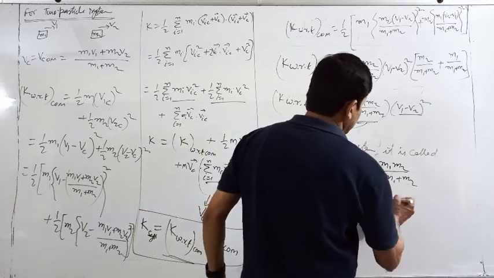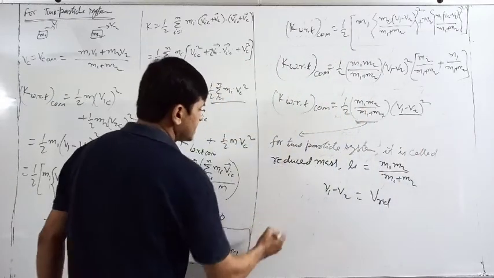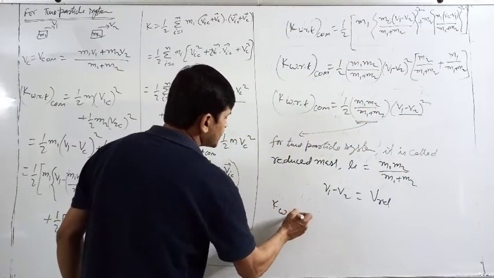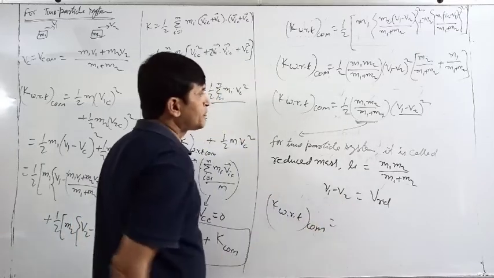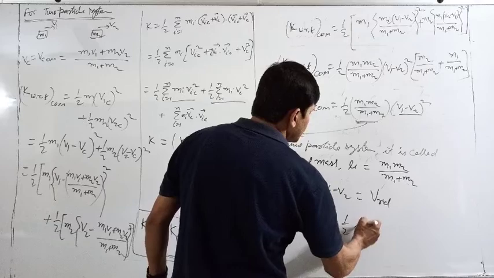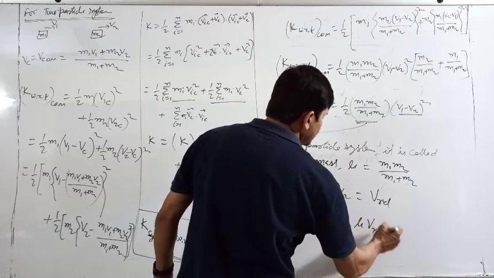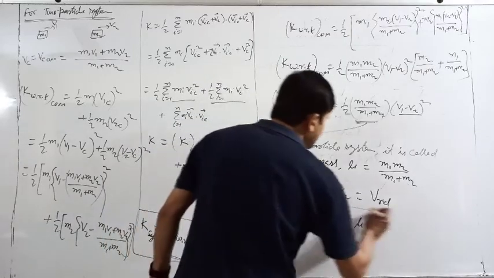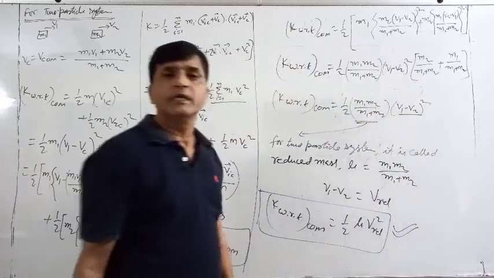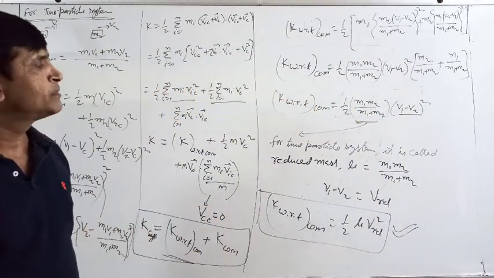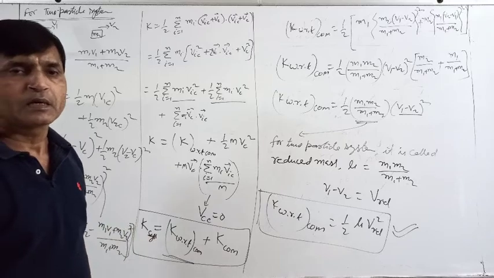So the kinetic energy of the system with respect to the center of mass is half mu V relative squared. This is a very important result which we are going to use in the coming questions.